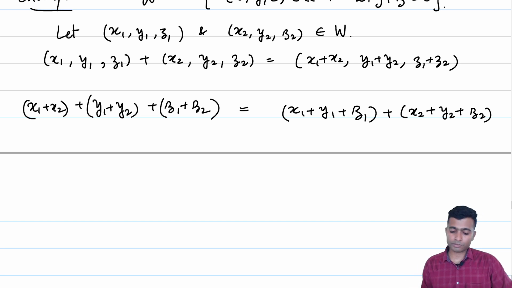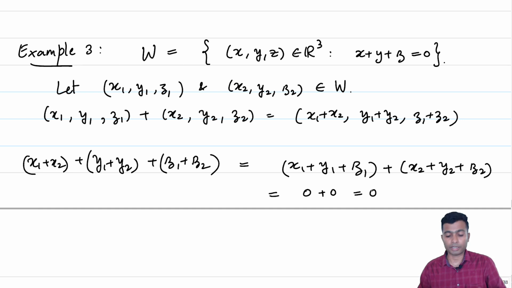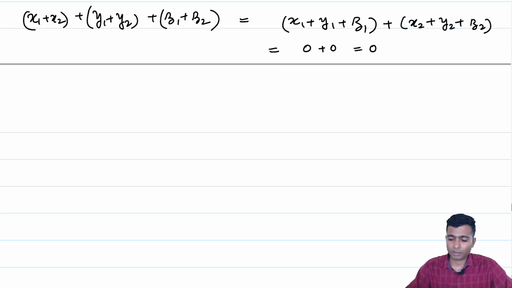But what do we know about x1, y1, z1? x1, y1, z1 belongs to capital W, and any vector which belongs to capital W should have its coordinates summing up to 0. That is how our W is being described, right. And therefore, this is equal to the scalar 0, and the next one is also equal to the scalar 0, which is equal to 0, and we are done. We have shown that W is closed under vector addition.